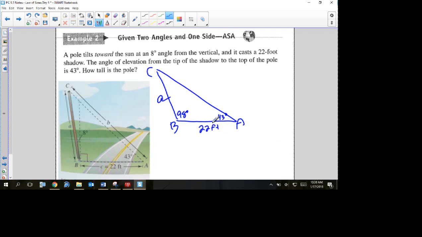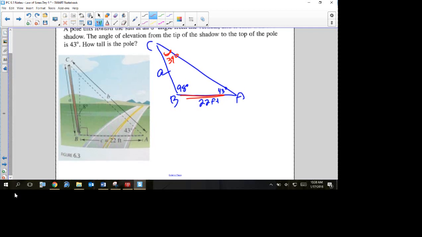Okay. So do we know an angle and its opposite side? Because if you have an angle and its opposite side, we can use law of sines. So I heard no and yes. Oh, you can find C, because we know two of the angles, right? So you can find C, and then we will have angle C and side C. So you subtract the other two angles from 180, we get that measured angle C is 39 degrees. And then we can set up law of sines using C. That's the one that we have all the information for.